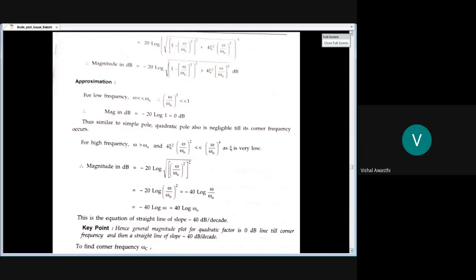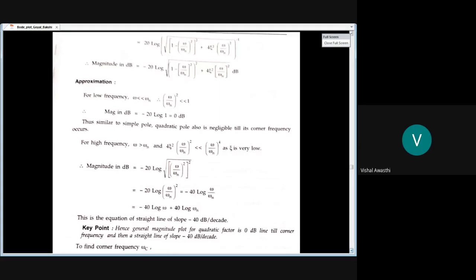So because this is the quadratic one, it means we consider it as an s square term. So this is automatically multiplied with 20, and it will give you minus 40. So be careful in that. When you are having any quadratic term, its slope is minus 40 dB per decade, not minus 20.